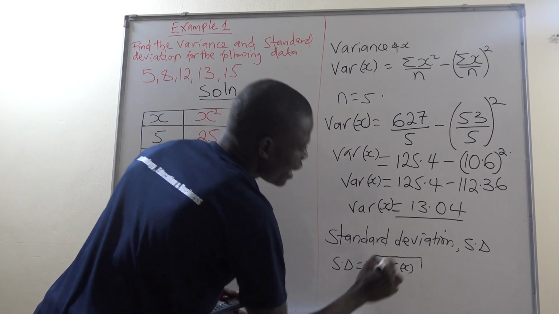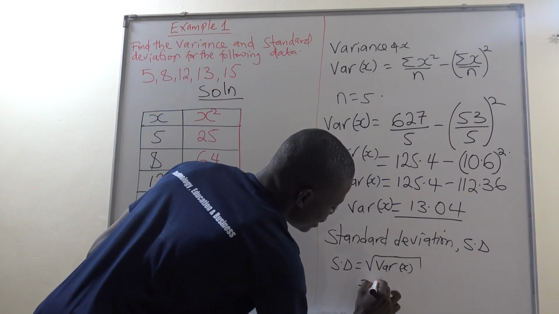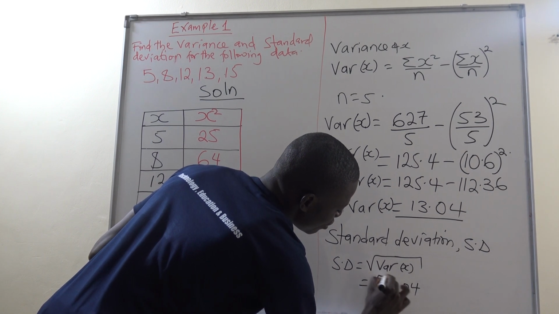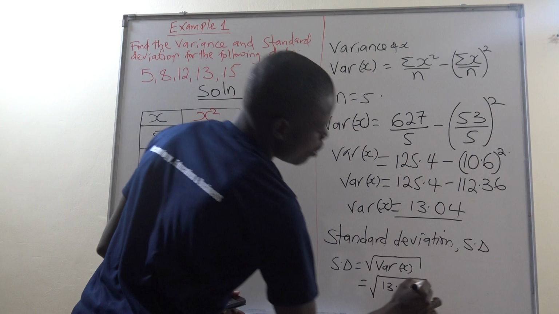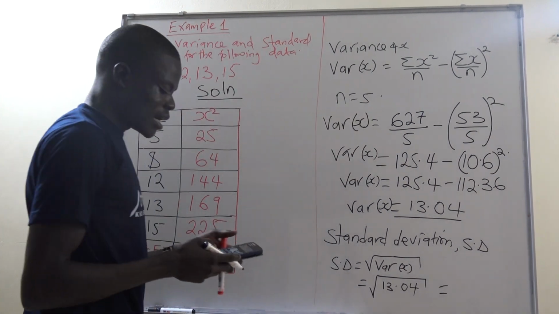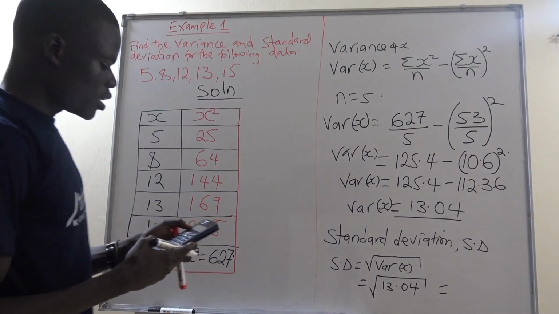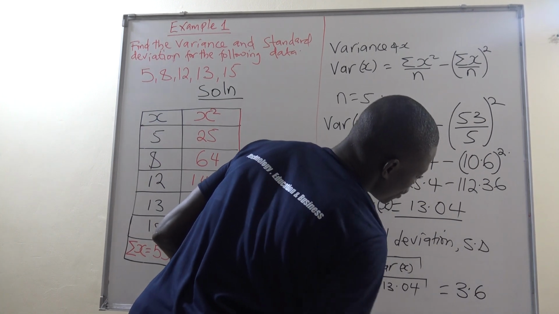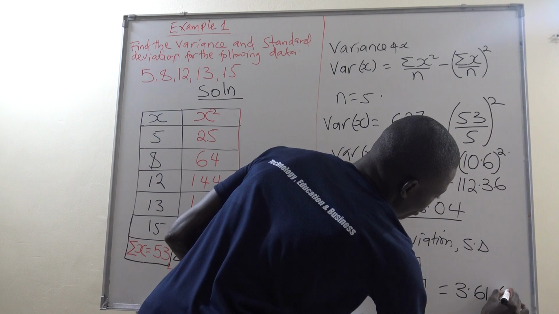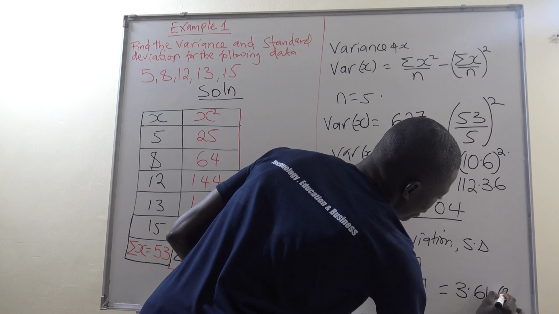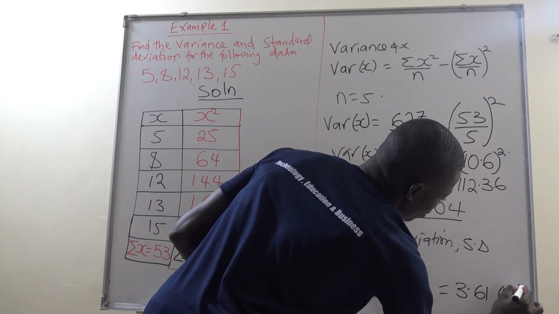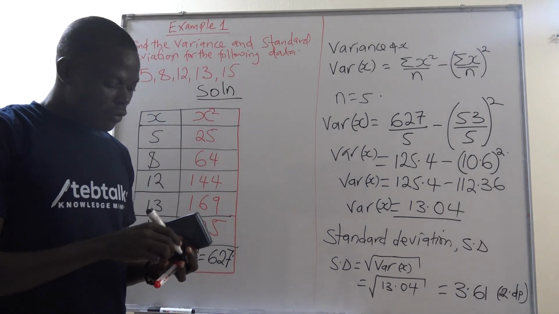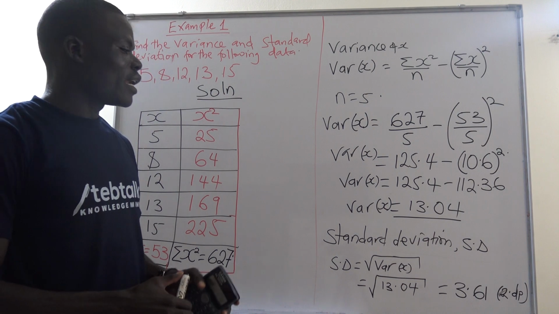Our var x is 13.04, so the square root of 13.04 gives us the standard deviation, which equals 3.61 when corrected to 2 decimal places. So those are the values of our variance and standard deviation.